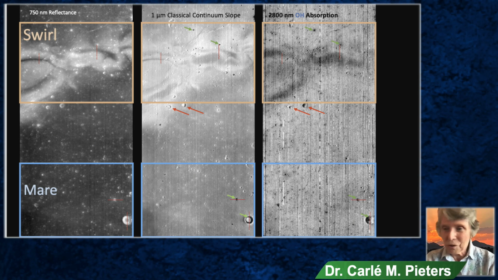And for those of you who aren't familiar with this, swirls have a very low abundance of OH, primarily due to the fact that they're shielded by the magnetic field, and you don't get solar wind interacting.